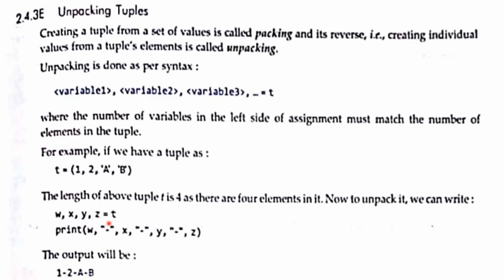And if you print W, hyphen in the quotes, then X, hyphen, Y, hyphen and Z, and then execute, the output comes 1, 2, A and B. This is unpacking the tuple, meaning bringing out individual values from a tuple's elements is called unpacking.